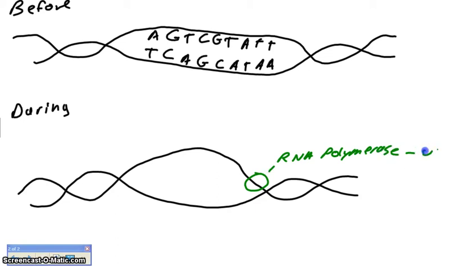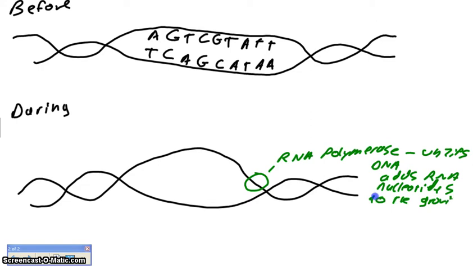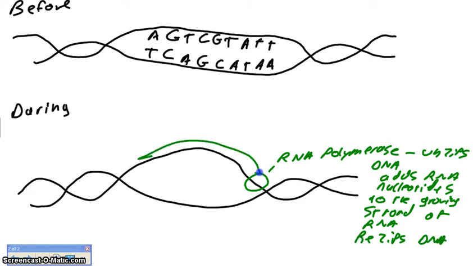It unzips the DNA, it adds RNA nucleotides to the growing strand of RNA, and then it rezips the DNA. So we're going to have RNA polymerase travel this way.